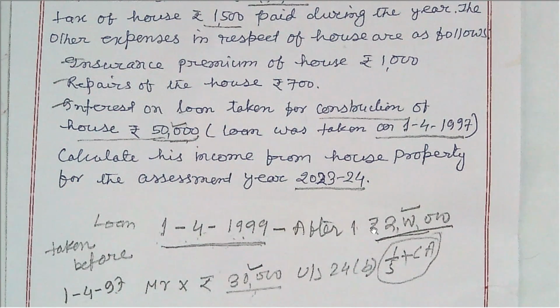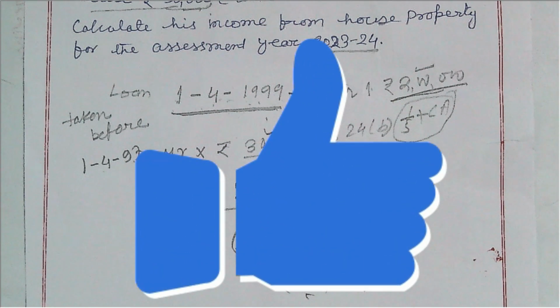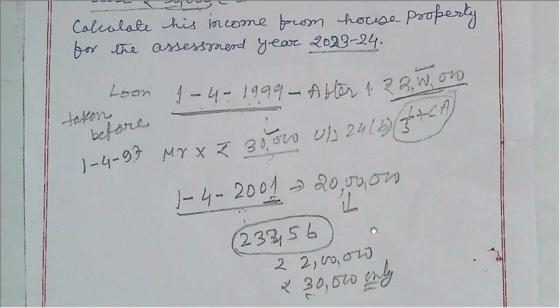Another point that we have to consider while claiming deduction of rupees 2 lakh: first thing is that house loan is taken for the construction of house property or purchase of house property. Second, the construction work must be completed within 5 years from the end of the financial year in which capital was borrowed. These 2 points you have to remember very carefully.